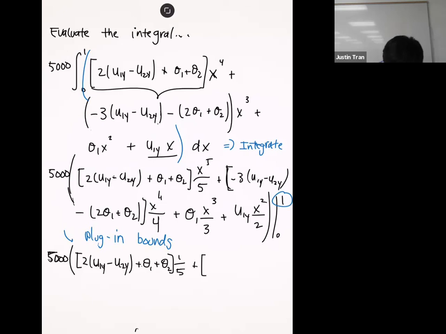Plus minus 3 u1y minus u2y minus 2 theta 1 plus theta 2.